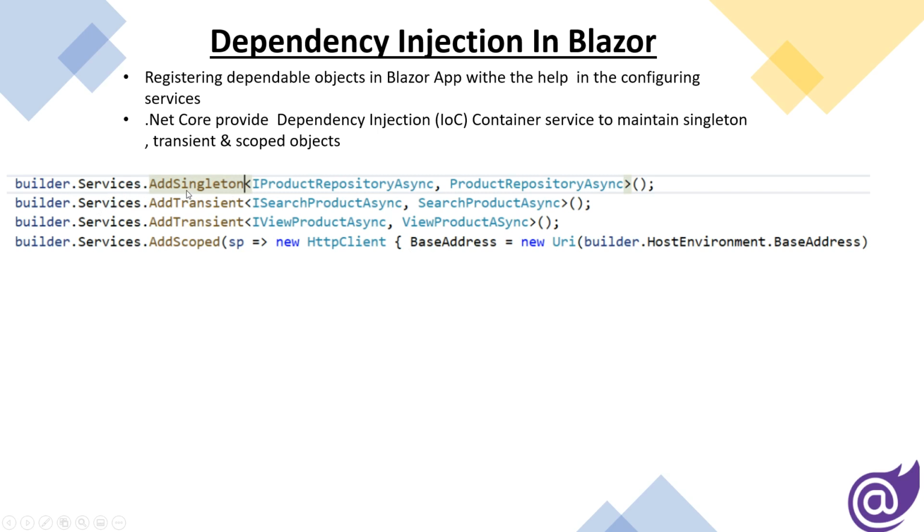In the services, we have the singleton function to register the instances on the .NET Core dependency injection container. Here we are not creating any instances, we are declaring that whenever we call, this is the instance. So this is a singleton, this is a transient, this is a scoped instance.